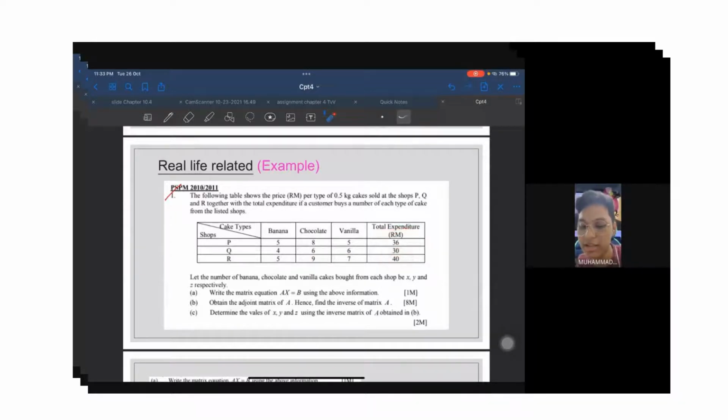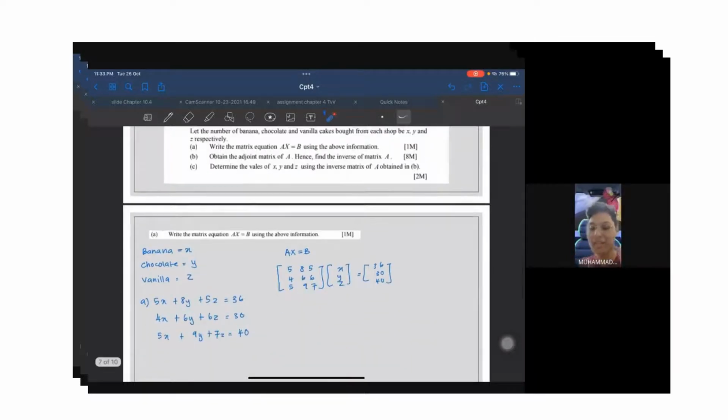Let the number of banana, chocolate and vanilla cakes bought from each shop be X, Y, Z respectively. The first question asks us to write the matrix equation AX equal to B using the above information.